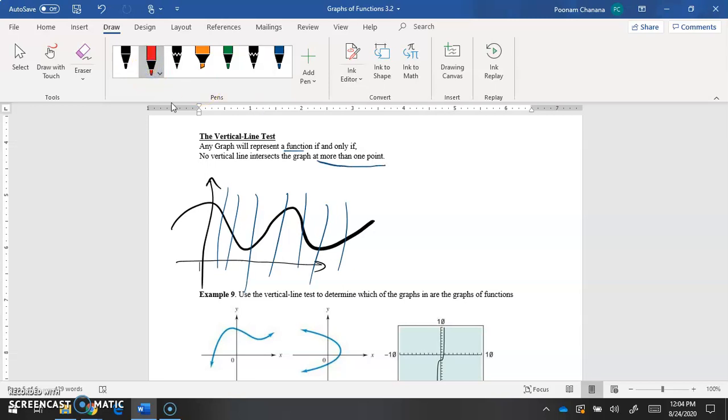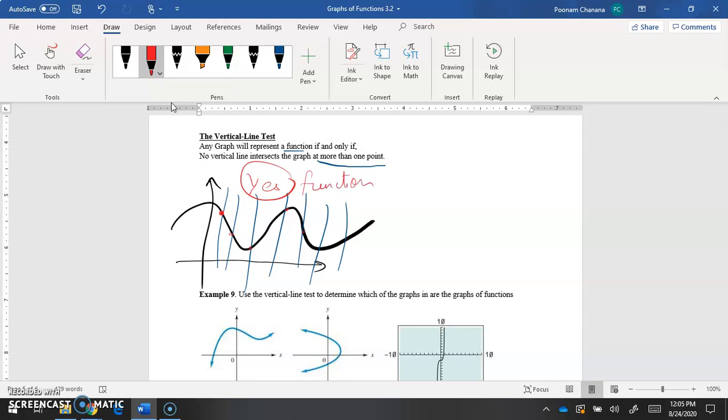Say this vertical line meets the graph at this point, here, here, here, here. Maximum, how many points are these vertical lines meeting the graph? Only one point, right? Then we say, yes, this is a function.